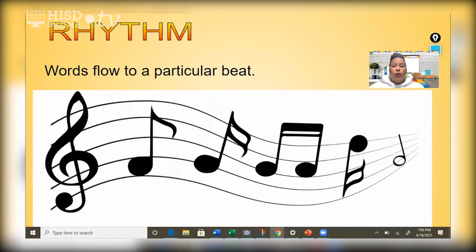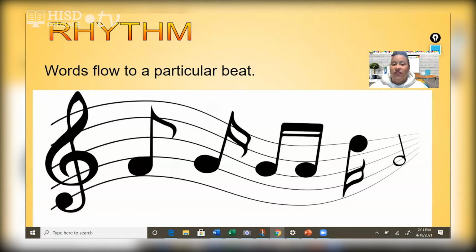The first part we are reviewing is rhythm. We talked about rhythm last week. Rhythm is when words flow to a particular beat. If you've ever heard a song, you've heard rhythm. Rhythm is the way that the words flow.